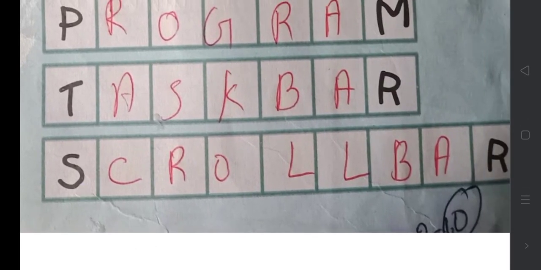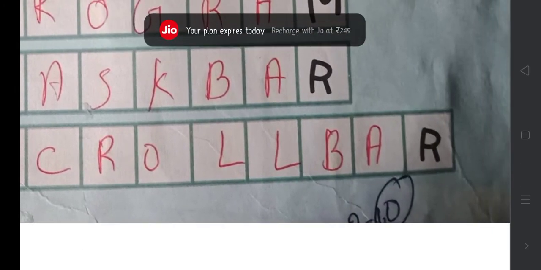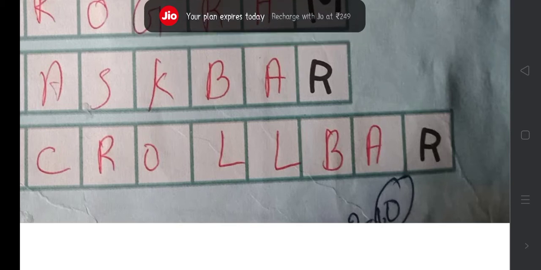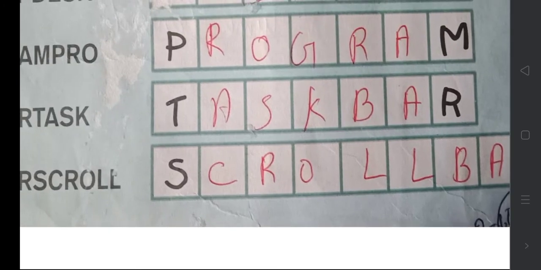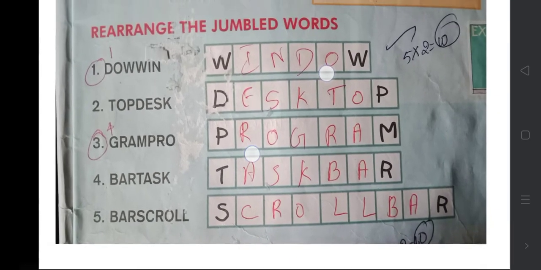Then the fifth one is scroll bar. You bring the scroll in front, then this will become scroll bar. I think you would have understood how to write the jumble words.